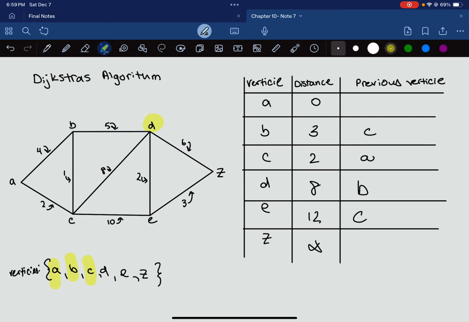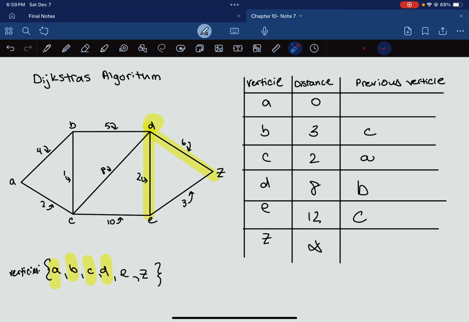D's possible combinations are E or Z. We're not going to go back to C because we already have it highlighted. So now we're at D. To get from D to E, it's 2 units, right?